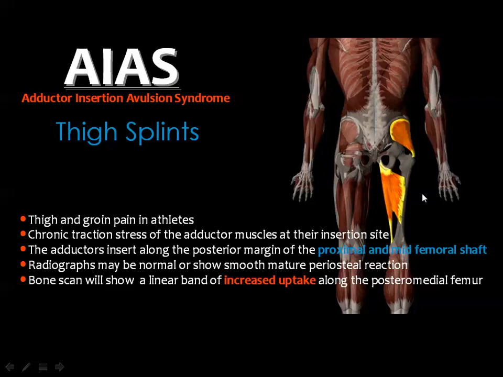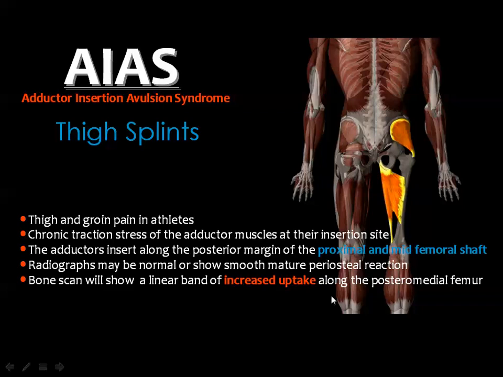Then due to repeated micro trauma and the stress related to the muscles, there will be some changes at the adductor insertion, ranging from just edema at the tendon and some periosteal reaction up to complete avulsion of the adductor muscle.